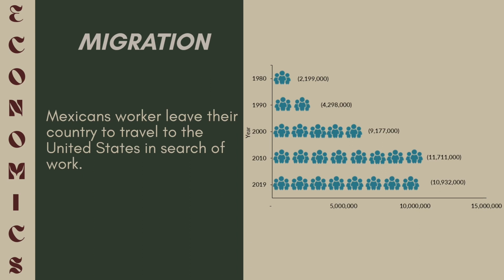And oftentimes, after a year or two na nag-work sila sa United States, bumabalik rin naman sila sa Mexico with their savings para ma-improve yung living conditions ng family nila.